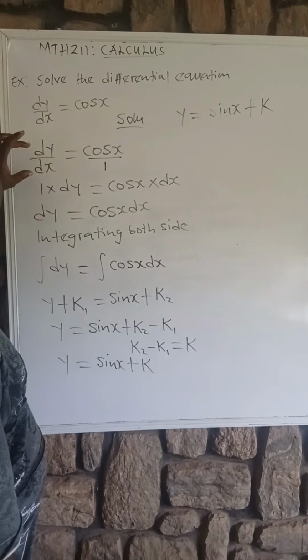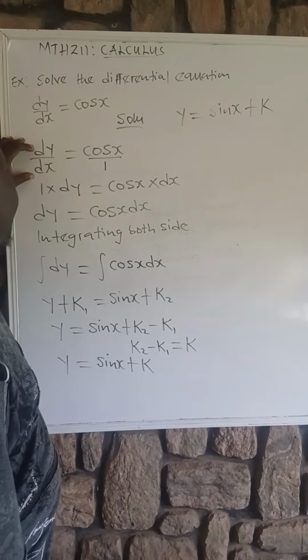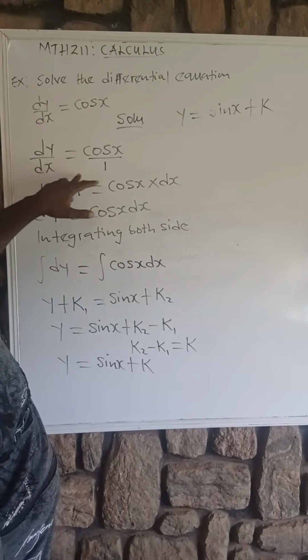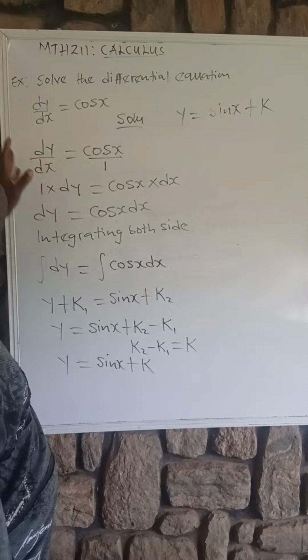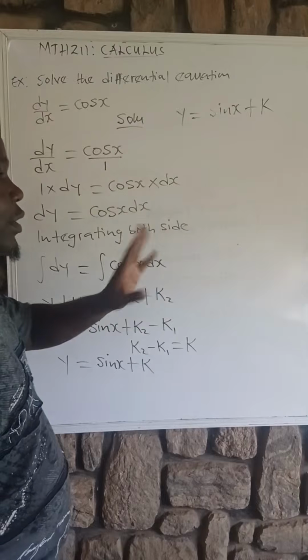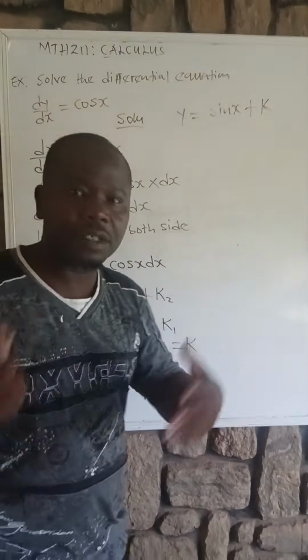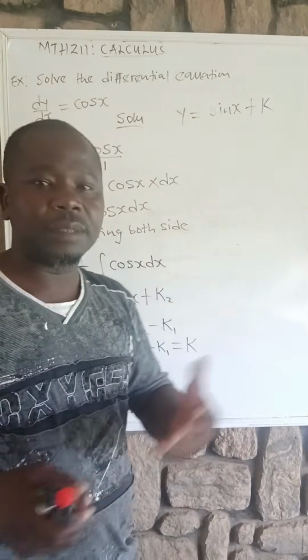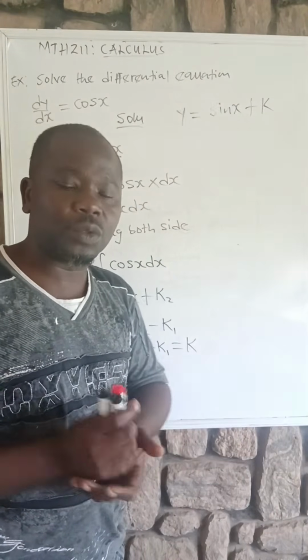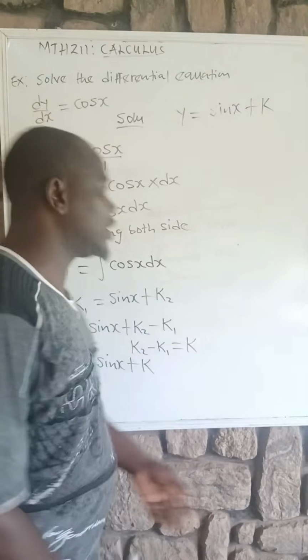So, since we are talking about separation of variables, it means you try to take the like terms, collect like terms, just like you were taught in your DS1, DS2. That is how it is.